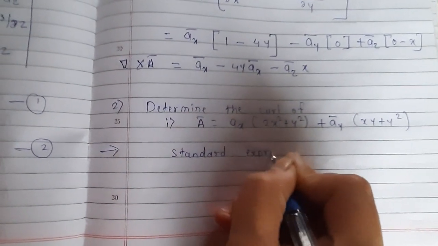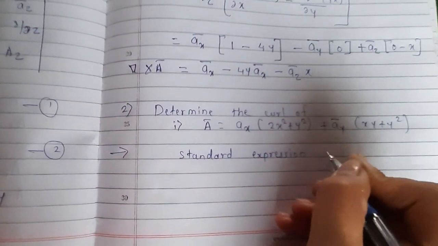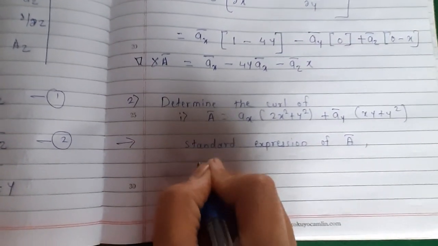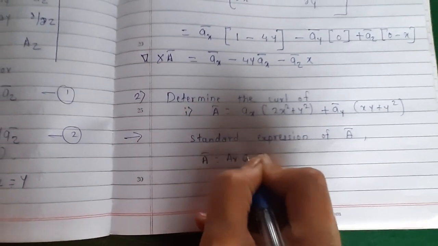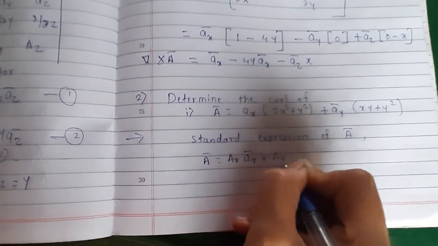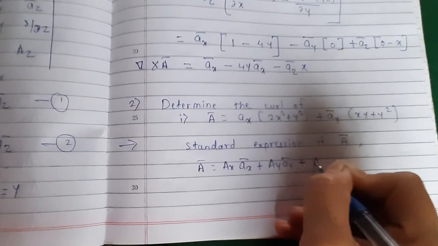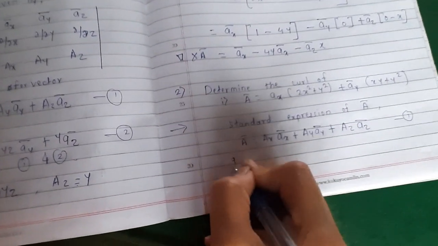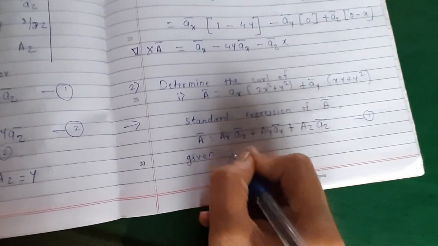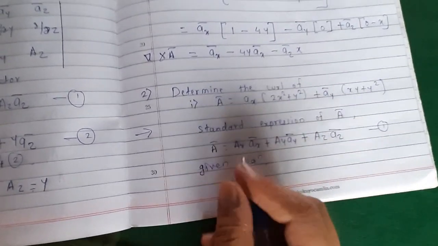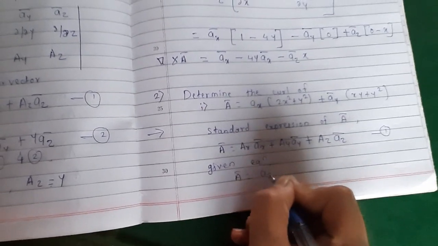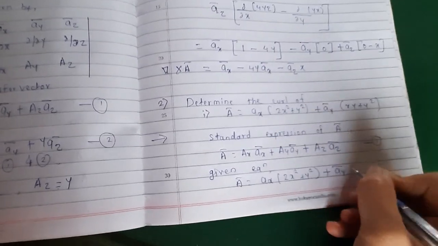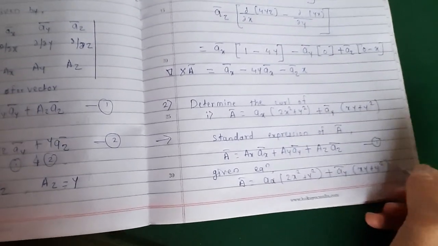A bar is equal to Ax bar plus Ay bar plus Az bar. This is equation 1, and the given expression is A bar is equal to ax into 2x square plus y square plus ay bar into xy plus y square. This is equation 2.